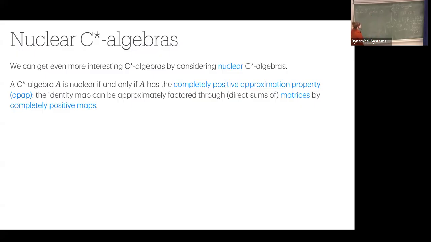These are positive elements in a C-star algebra. If you talk about a commutative C-star algebra, these are exactly functions that only take positive values. If you think about matrices, these are self-adjoint with positive real spectrum. I'll just use this shorthand; we'll talk more about that later. So it's positive if this holds, and it's completely positive if its amplification to matrix algebras is positive.